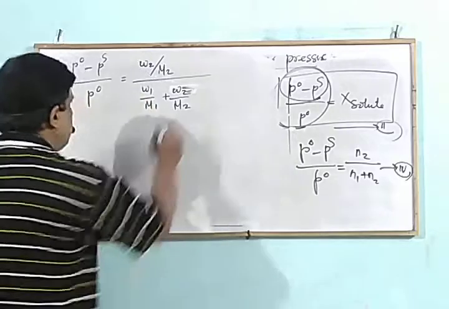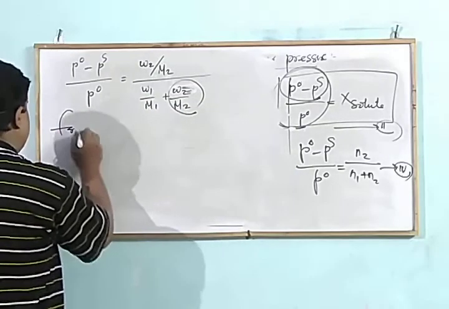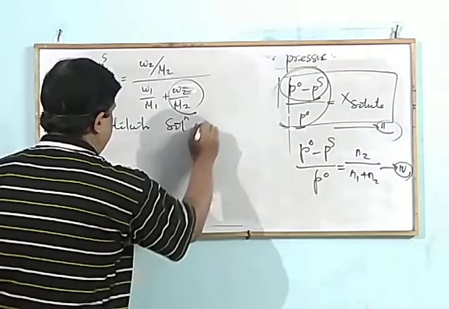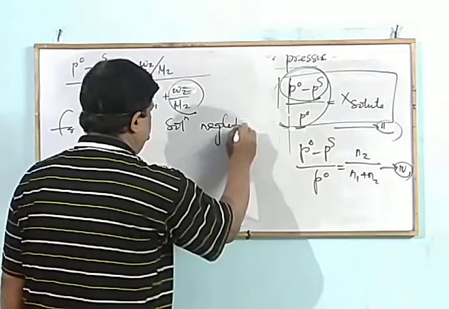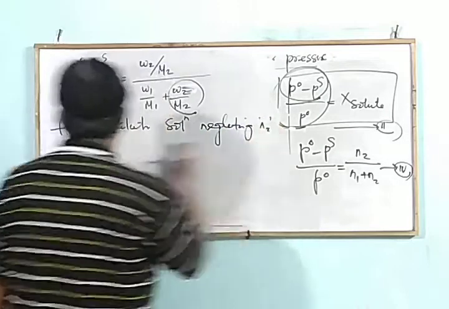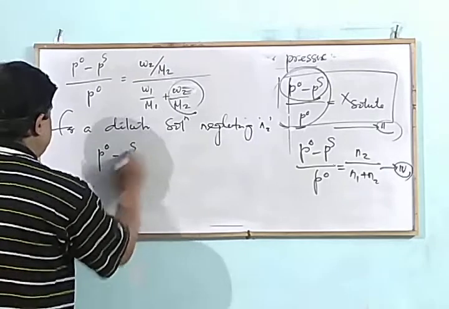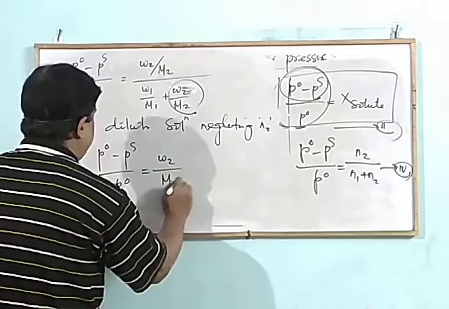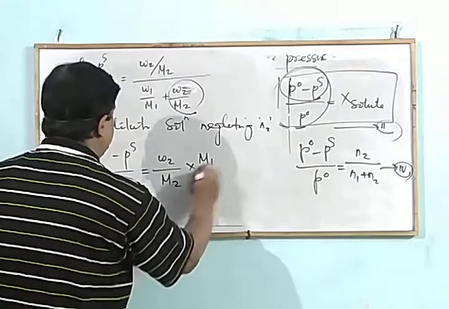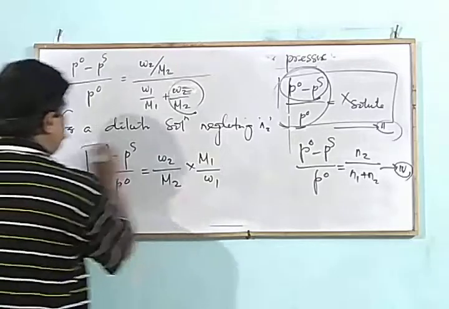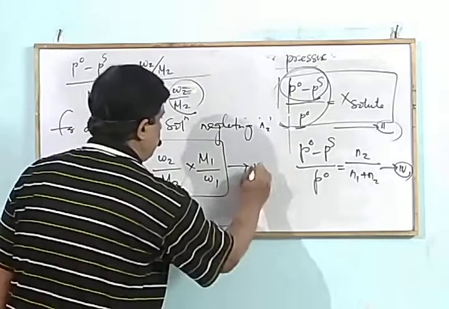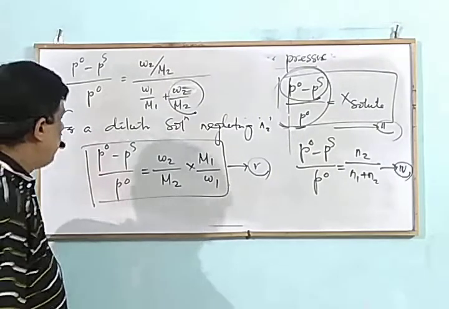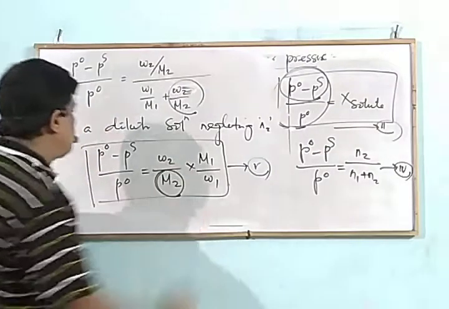So neglecting N2 for a dilute solution, we have P naught minus Ps by P naught is equal to W2 by M2 into M1 by W1, equation 5. So from this expression, our aim is to calculate the molecular mass of solute.